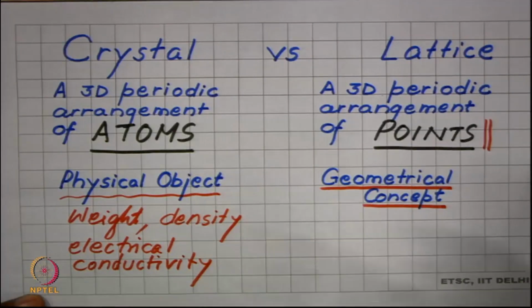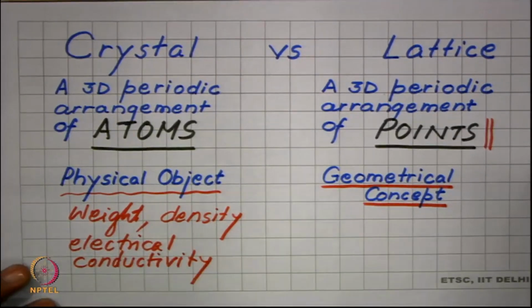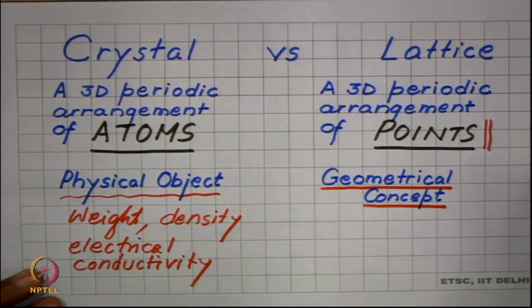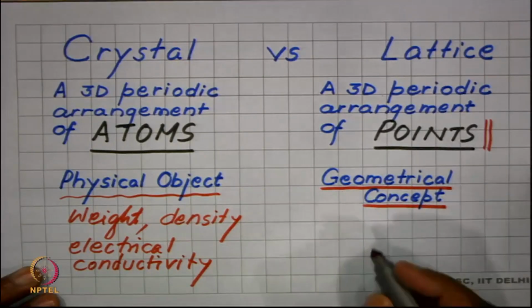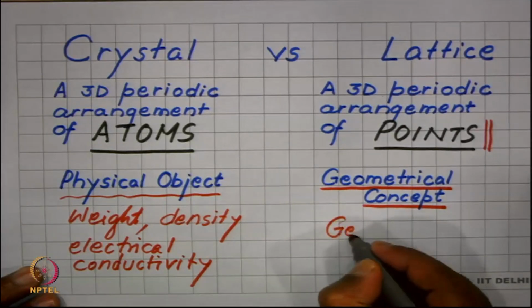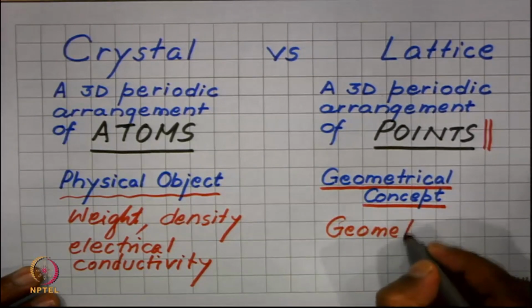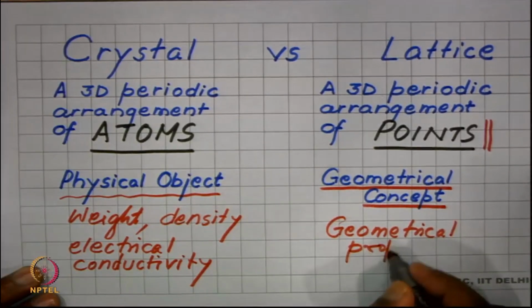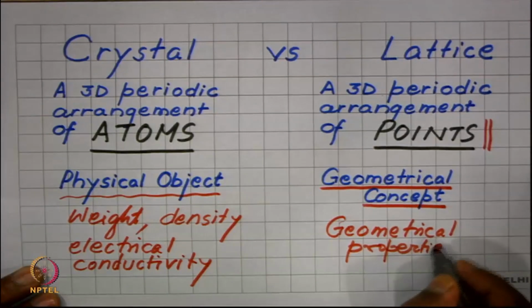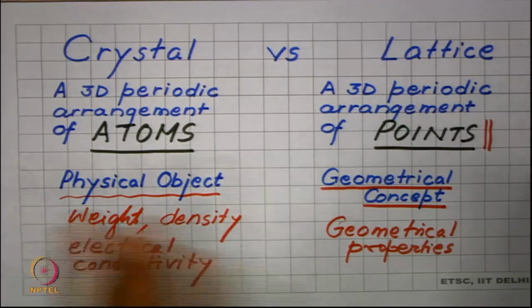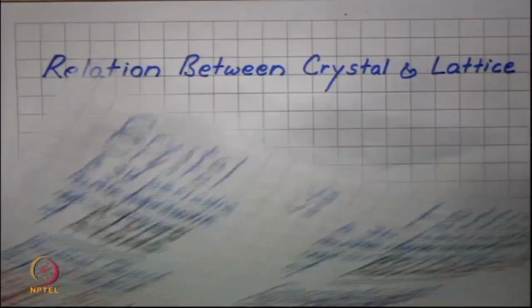So, it will not have any of these physical characteristics. You cannot weigh a lattice, you cannot find its density or electrical conductivity and so on. So, it is a geometrical concept and will have only geometrical properties. We will make the distinction clear in more detail as we go along.